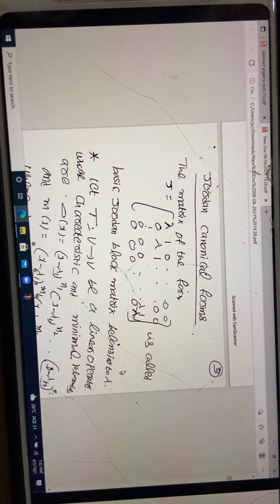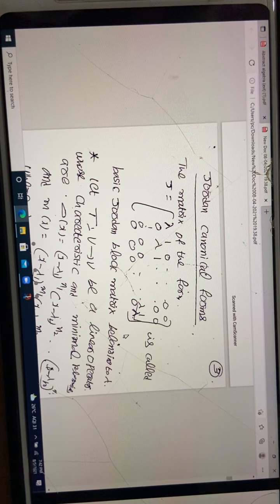If it is in this form, such a block is called a Jordan block of the matrix, corresponding to the eigenvalue lambda. How to get the Jordan block? For every eigenvalue you will get one block. So with lambda, lambda, lambda on the diagonal and ones above, this is called the Jordan block corresponding to lambda.